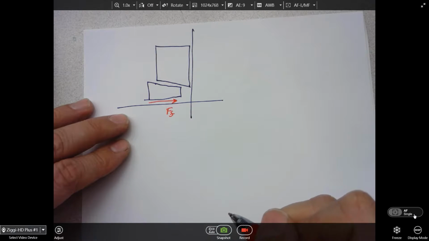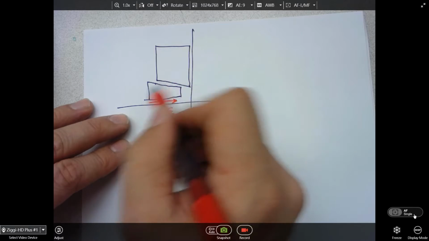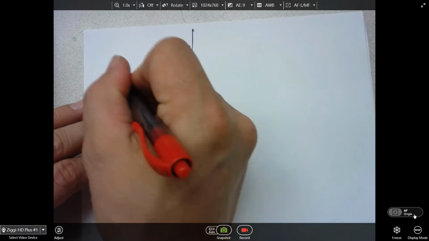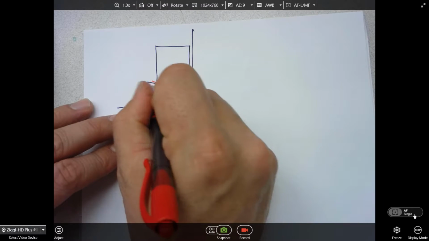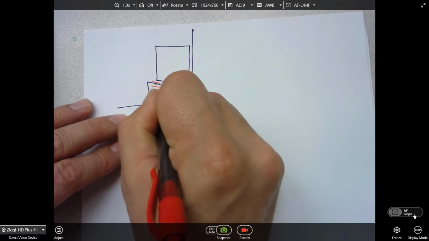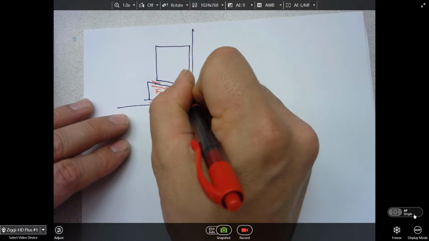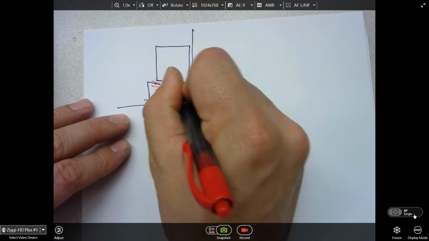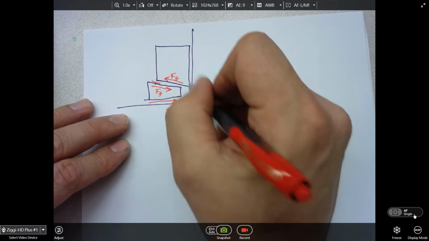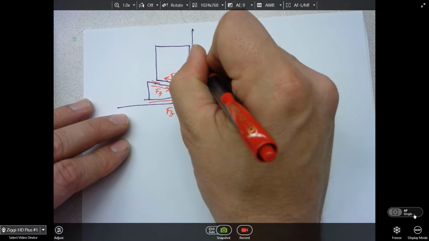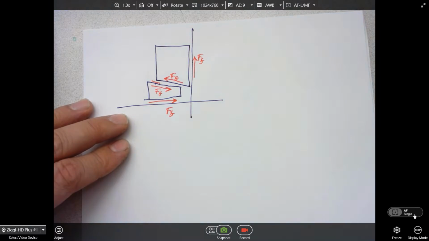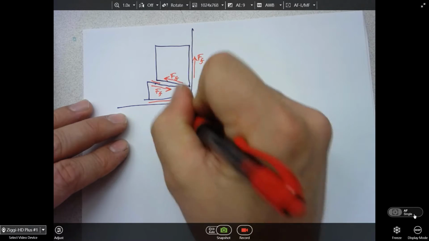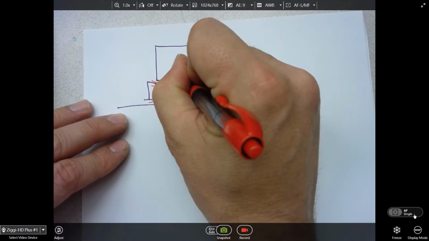And if it's getting kicked out from the block, same thing, it's going in that direction, so the force of friction on the wedge is going to be that way, whereas the force of friction on the block would be this way. And the block would be going down, so now the force of friction would be up. So this is the force of friction at A, B, and C.